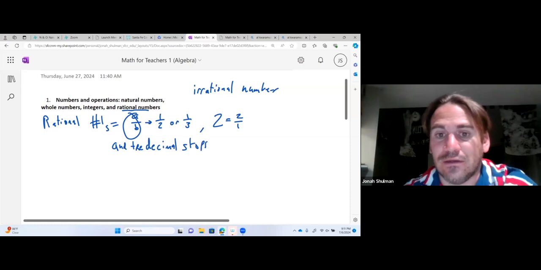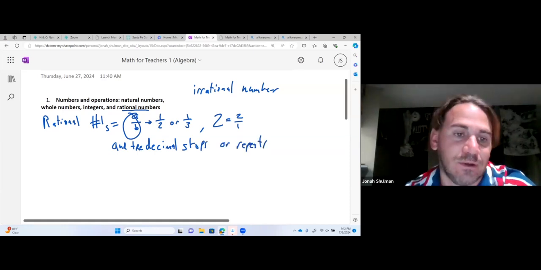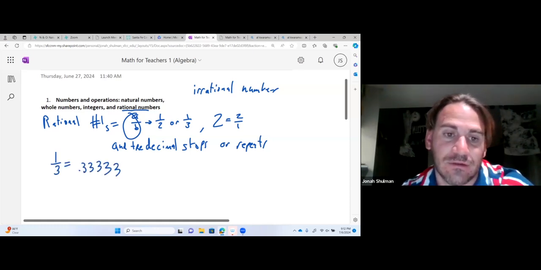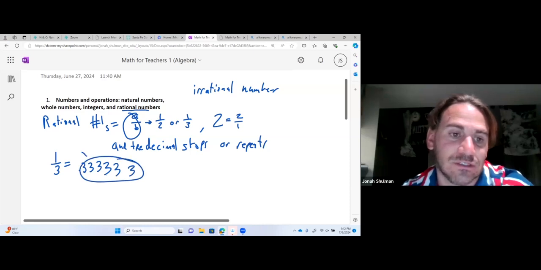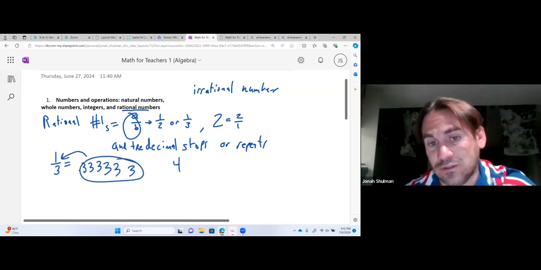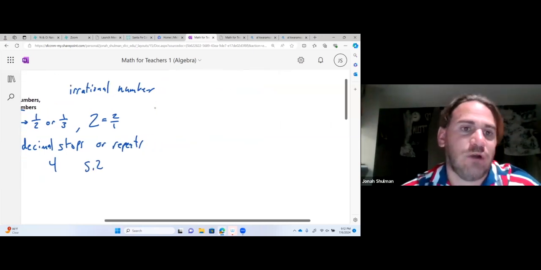stops, okay, or repeats. Okay, so what do I mean by that? So whenever they're talking about rational numbers, if I have 1/3, that's still rational because it's 0.3333333. Still rational because it could be represented that way. Is the number 4 rational? Yes. Is the number 5.2 rational? Yes. Well, what is irrational?